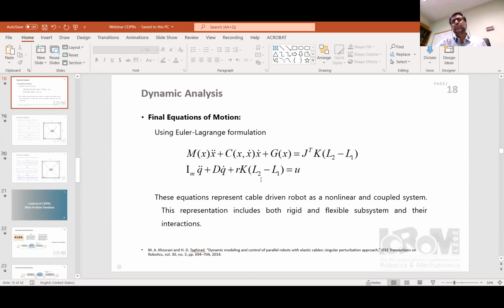Using singular perturbation theory, you can control the fast dynamics and slow dynamics of the system separately, and based on this fact, you can reduce the effect of vibration on the end effector.